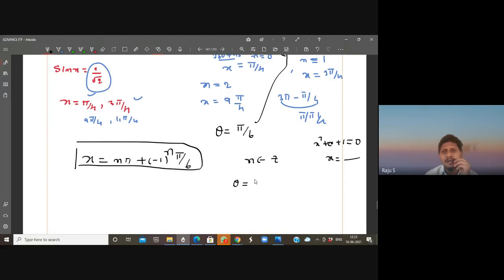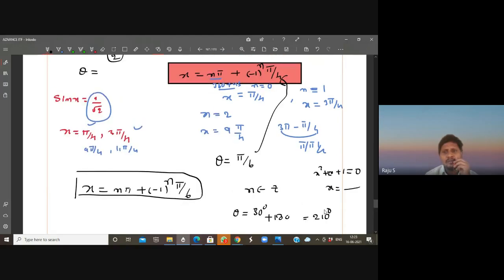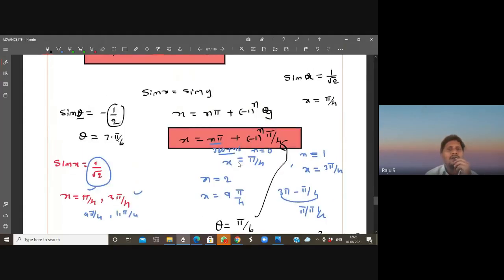See, 30 you got in the first quadrant; every 180 it will repeat the same value. Adding 180, it is 210. You should not write 210 in degrees, you can write it in radians. 210 is 7 into pi by 6. Pi by 6 is 30, multiply with 7, it is 210.